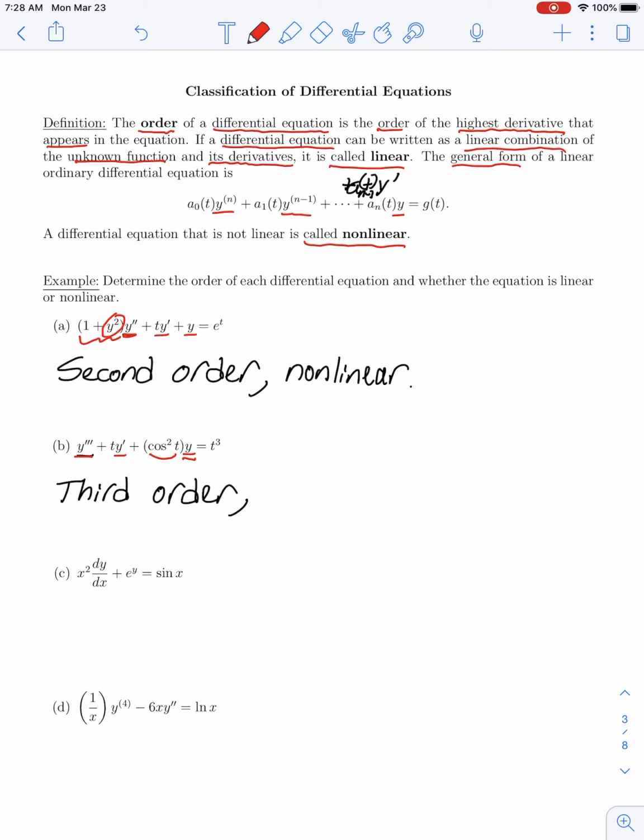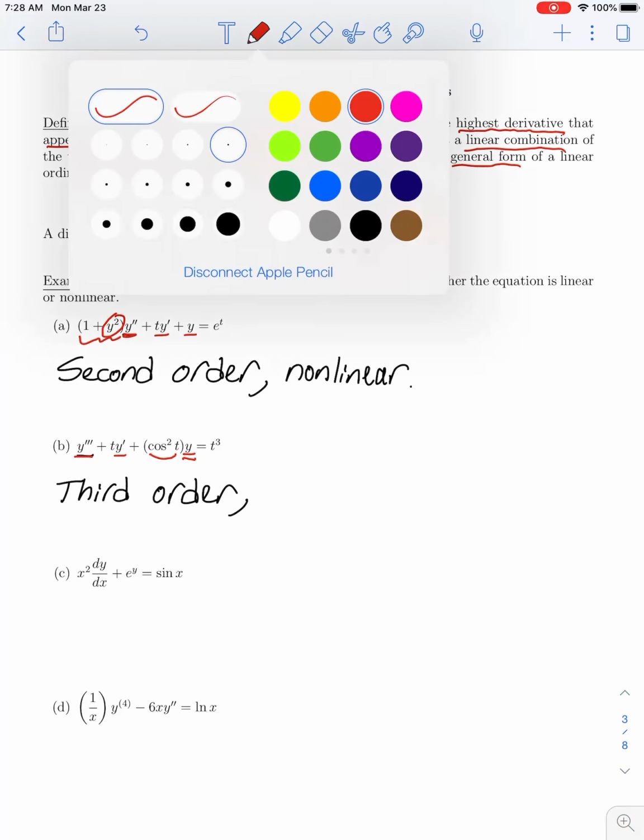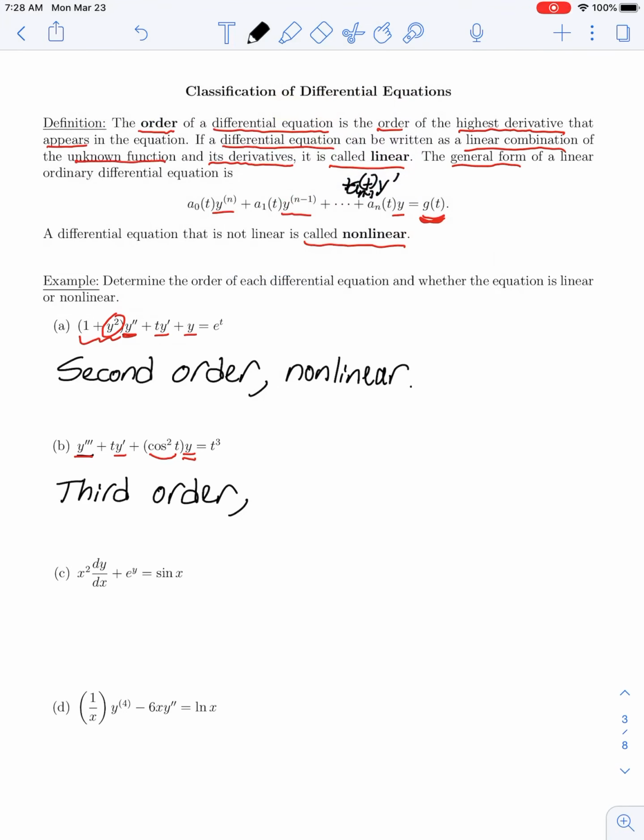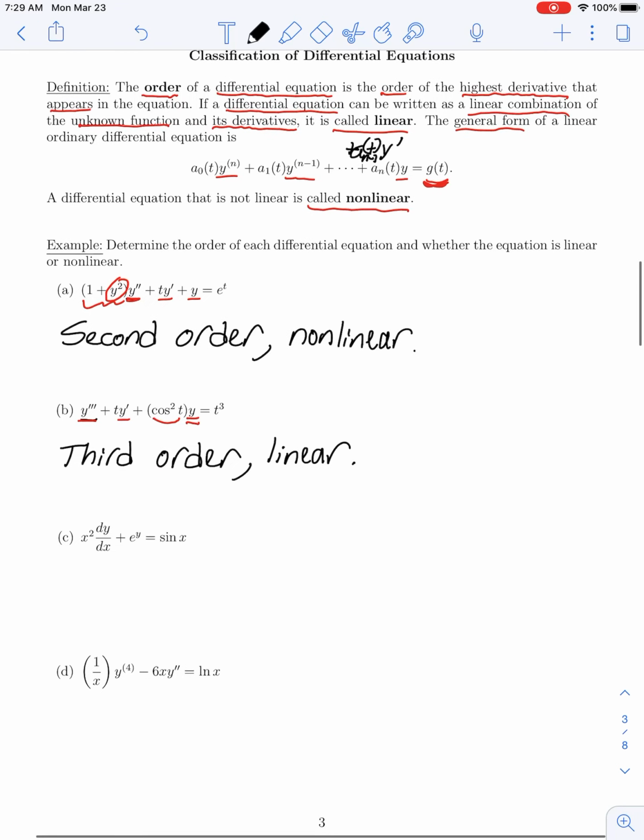And then for this higher order term, we have a 1 times y triple prime. And it's equal to t cubed. So when we were talking about our general form, this right-hand side can be any function of t. So we see that this equation does indeed have the general form of a linear equation. So it is a linear differential equation.